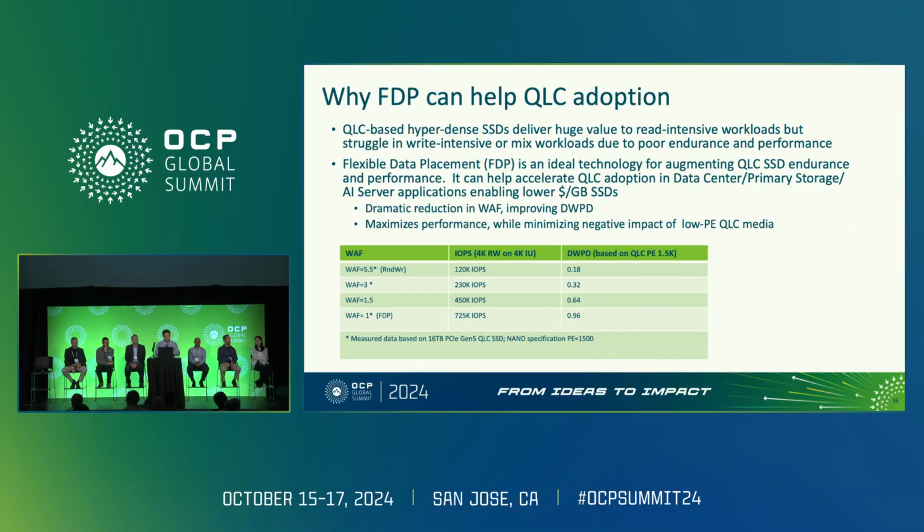With another controlled workload, we can get a WAF of 3. But with the same controlled workload with FDP enabled, we get a WAF of 1, the write performance is 725K, and the DWPD is 0.96. This is amazing. It's almost similar to the TLC SSD DWPD.